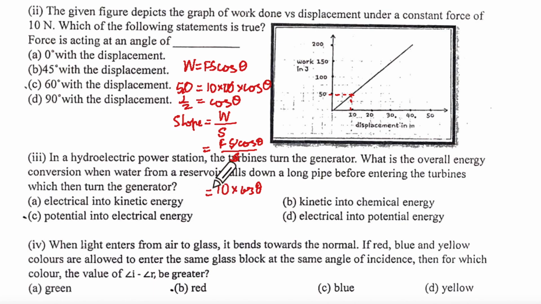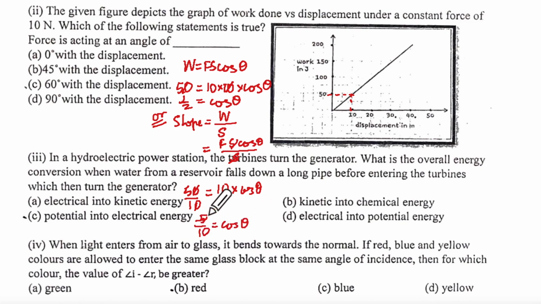All right, and here I was going to do it this way also. So your theta will be 60 degrees. And if I use the slope, it will be equal to 50 upon 10. Can you see that? Did you understand what I did? Yes. So 5 upon 10 equal to cos theta.